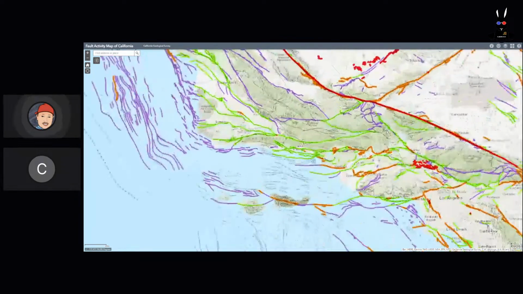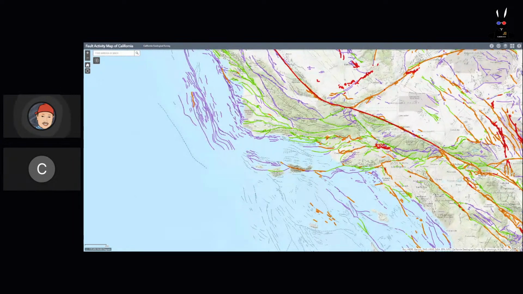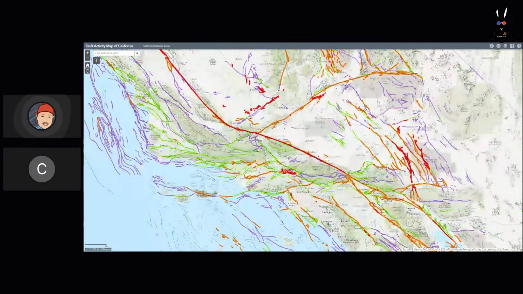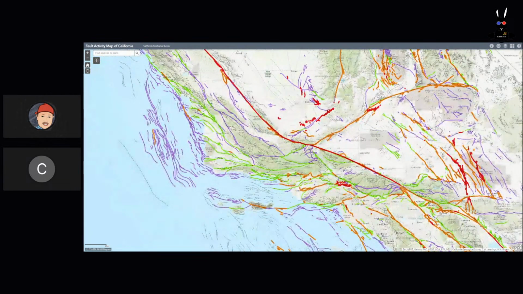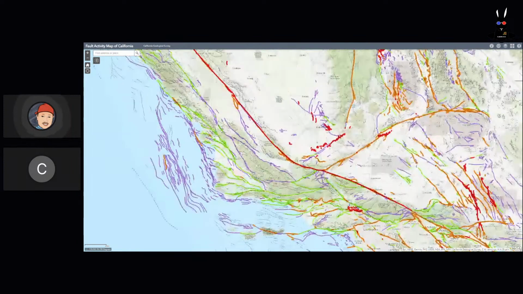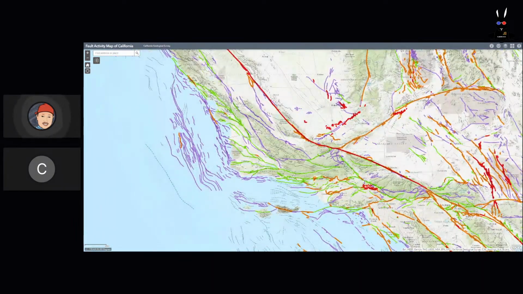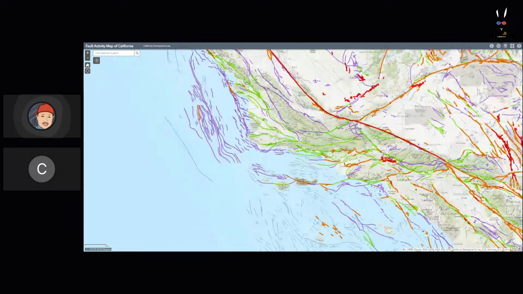We're going to do the Pine fault when we do Garlock and everything that goes up to Central Cali. So we're going to do the Garlock system. We'll do the shear zone after we do the Garlock, and this other one that works through here, the Kern River and White Wolf. So we'll do that with those.